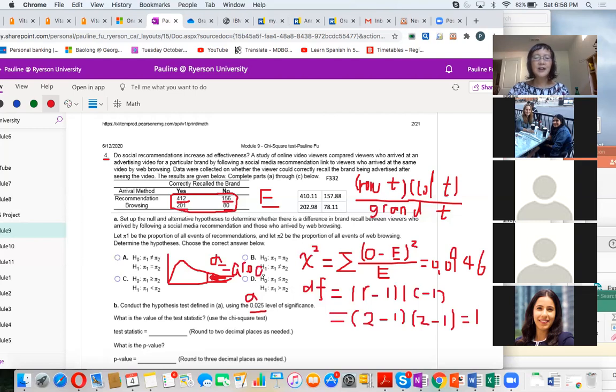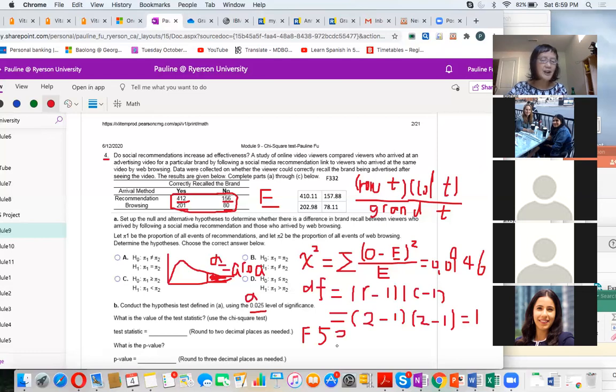Okay, so now I'm ready to find the critical value for chi-square. Again, your calculator. To do that, you press F5, Distribution. Okay. And then F3 chi-square.